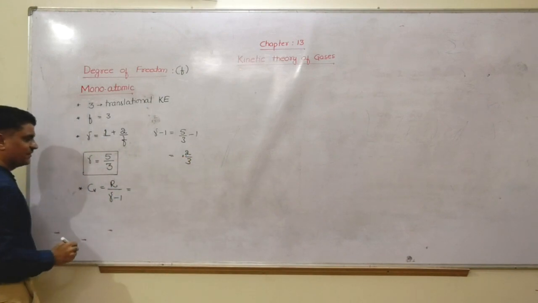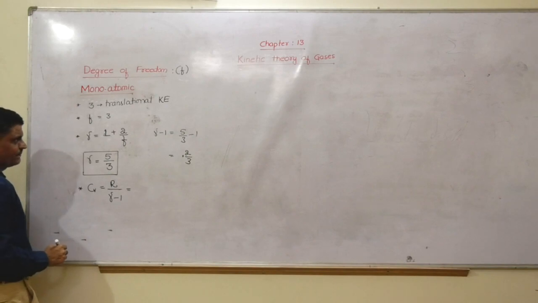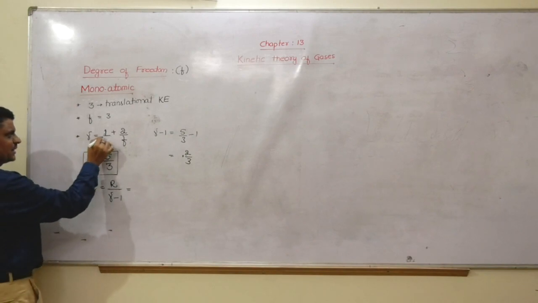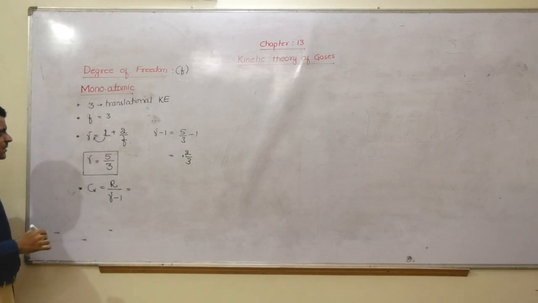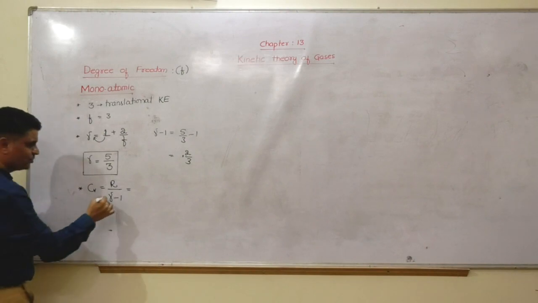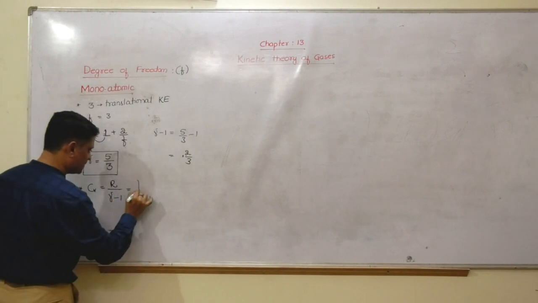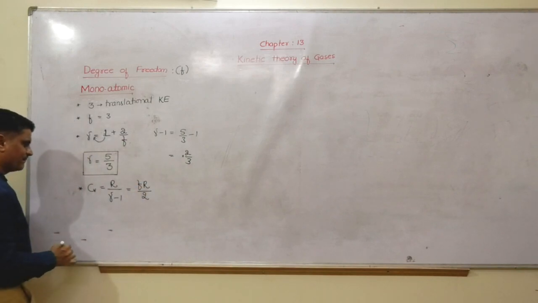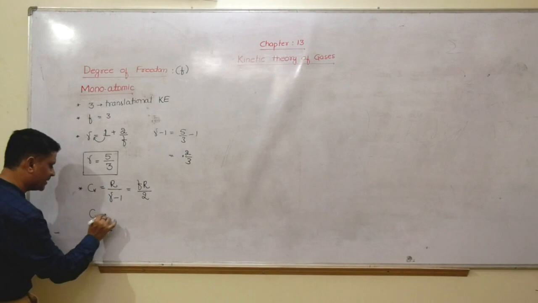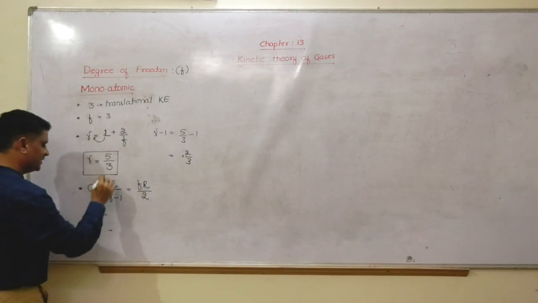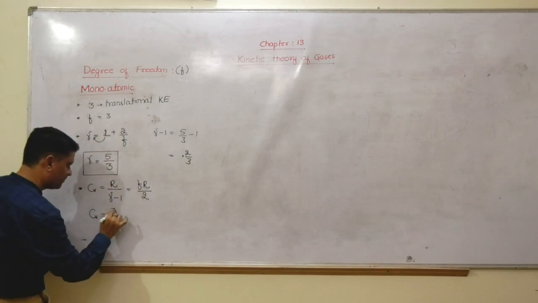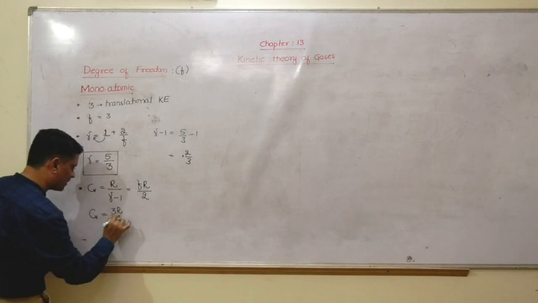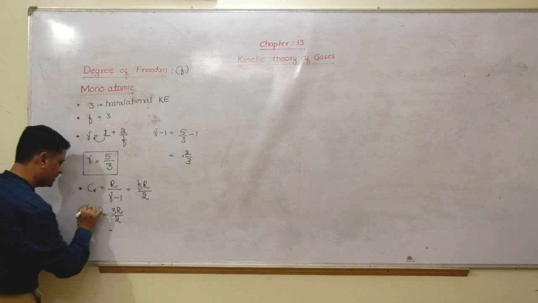Otherwise, you can also write gamma minus 1 as 2 by F, so 1 over that means it is F by 2. Then Cv can be written as FR by 2, where F is the number of degrees of freedom, that is 3. So 3R by 2 is Cv.